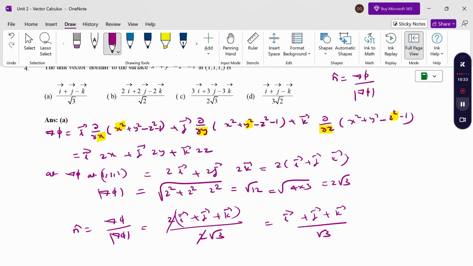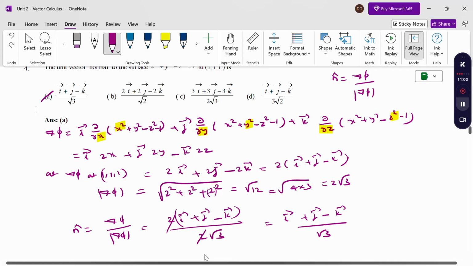Therefore this is a minus, and here also minus, and plus, this is a minus 2 square so I will have plus, and here minus. So this option is the first option, I vector j vector minus k vector by root 3.